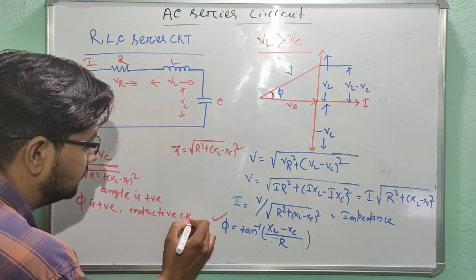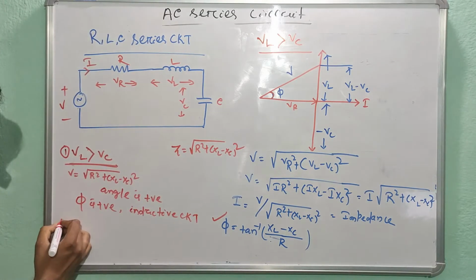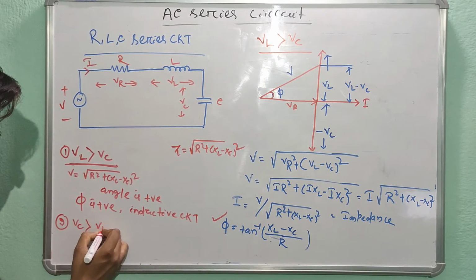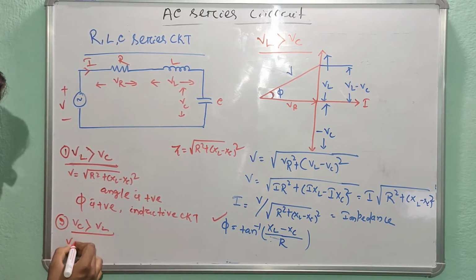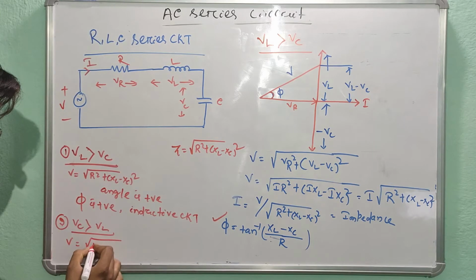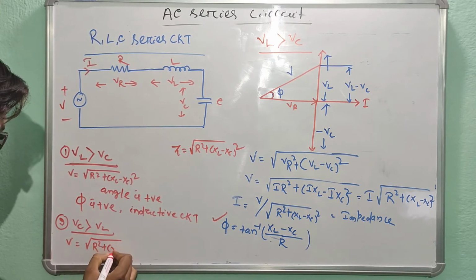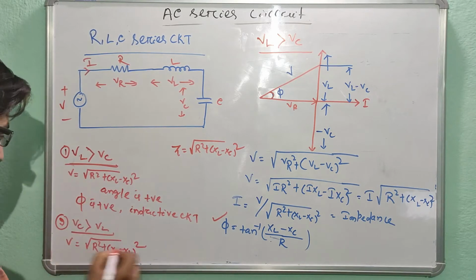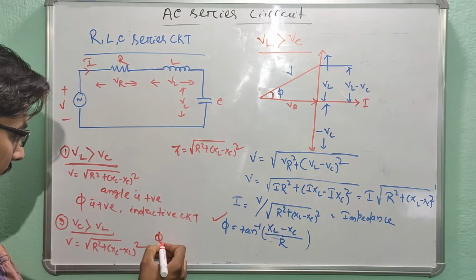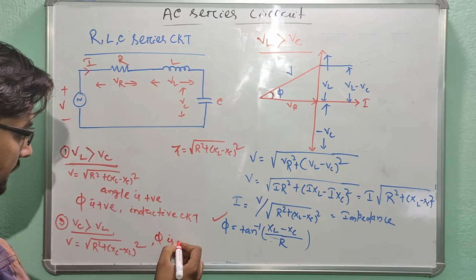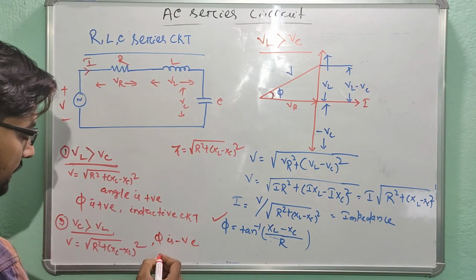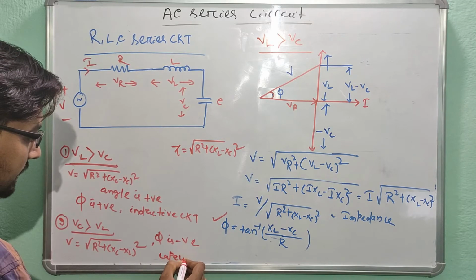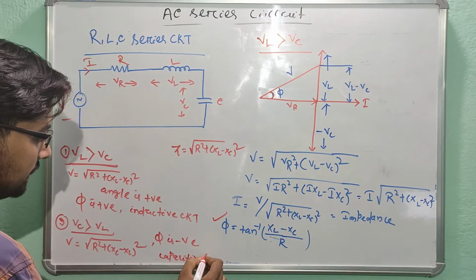Now point 2 is, if VC is greater than VL, then V is equal to root over of R square plus (XC minus XL) square, and angle phi is negative, and the circuit is a capacitive circuit.